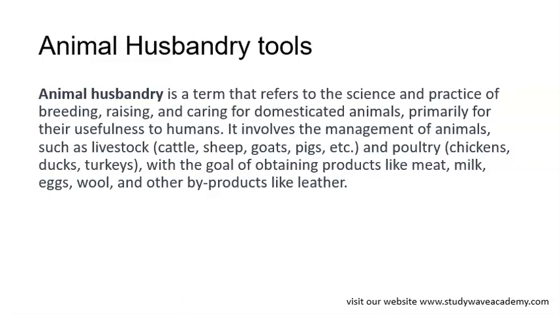It involves the management of animals such as livestock, cows, sheep, goats, pigs, poultry, chickens, dogs, turkeys, with the goal of obtaining products like milk, eggs, wool, and other byproducts like leather. So animal husbandry is just taking care of animals to benefit from them.